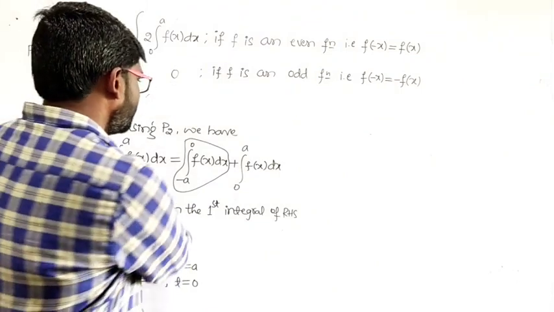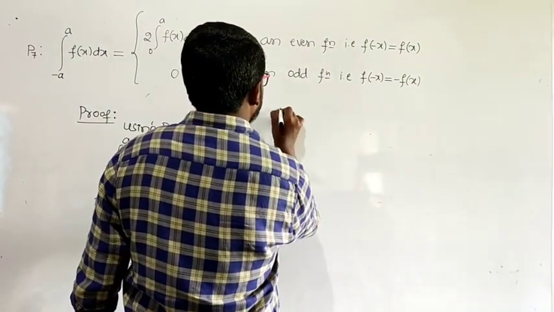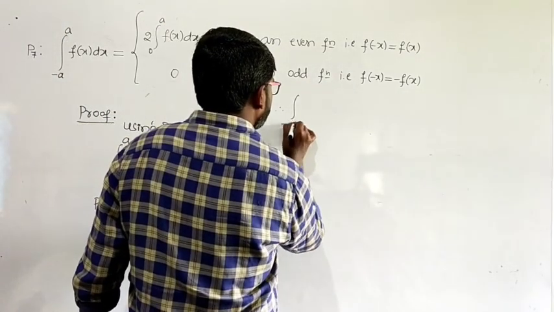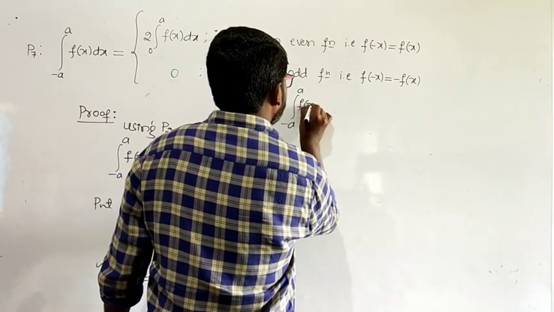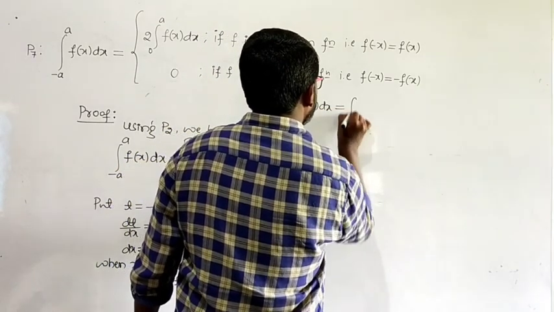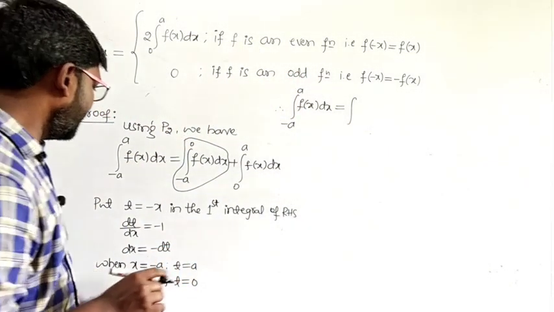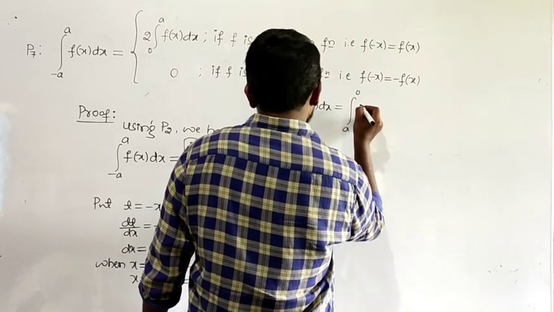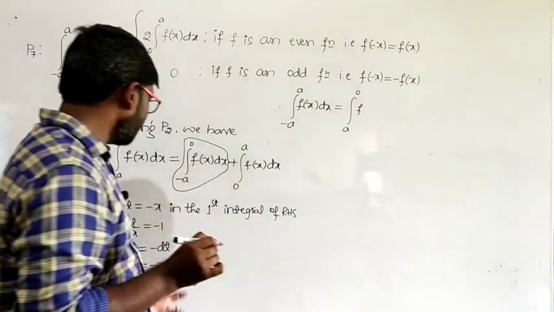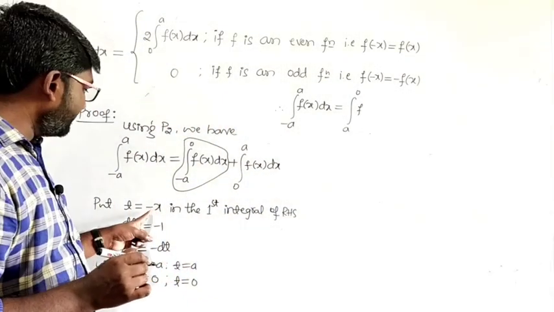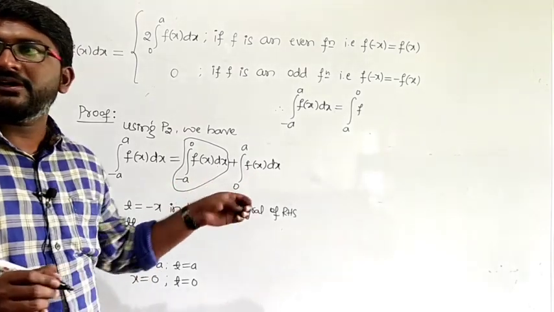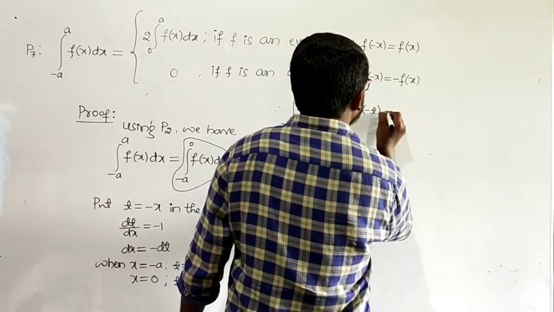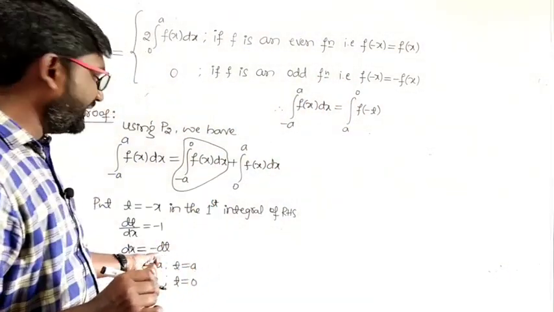Let us rewrite this particular integral. Therefore integral minus a to a f of x dx is equal to integral, change the limits now, it is a to 0, then f of x is nothing but, in place of x I can write minus t, then dx is going to be minus dt.